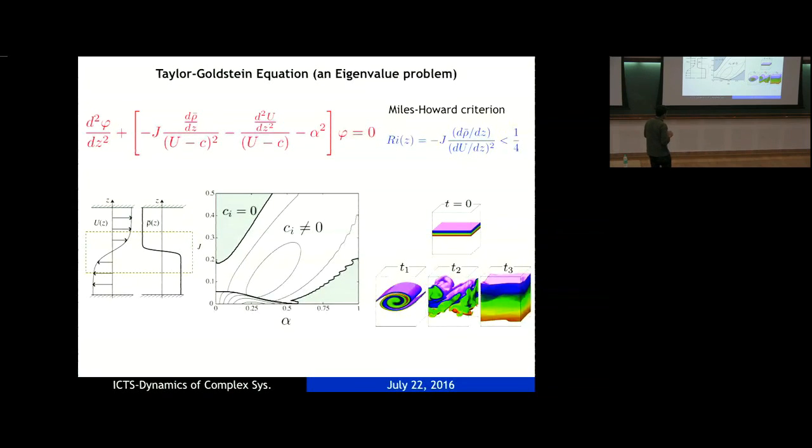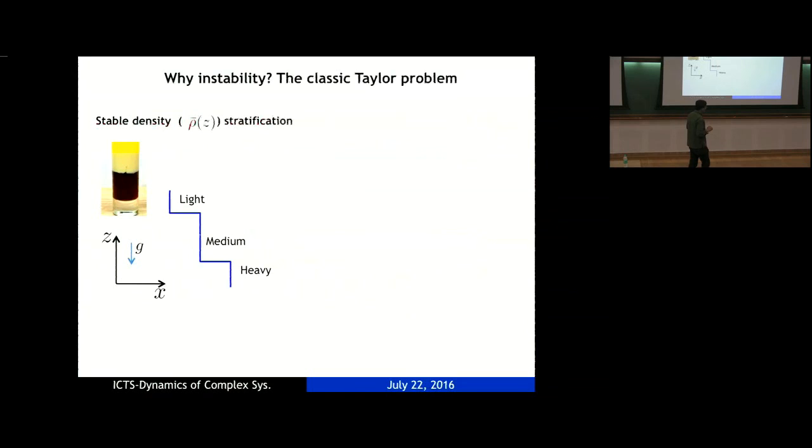Okay. Now the question is, that's a beautiful mathematical equation. I throw in the velocity profile, I throw in the density profile. It's telling me which wave number has the maximum growth, what the growth rate is, and what speed that wave will move with. Everything it is telling us.